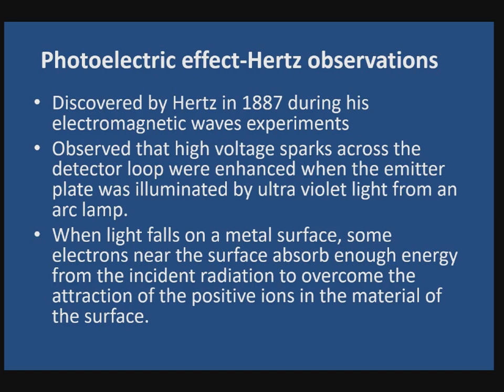It was sometimes very difficult to get those sparks. So he illuminated those metallic spheres with UV light, produced with the help of an arc lamp. When he exposed the metal spheres to the UV light, the spark was produced more readily, और भी आसानी से वहाँ पे स्पार्क प्रोड्यूस होने लगा.